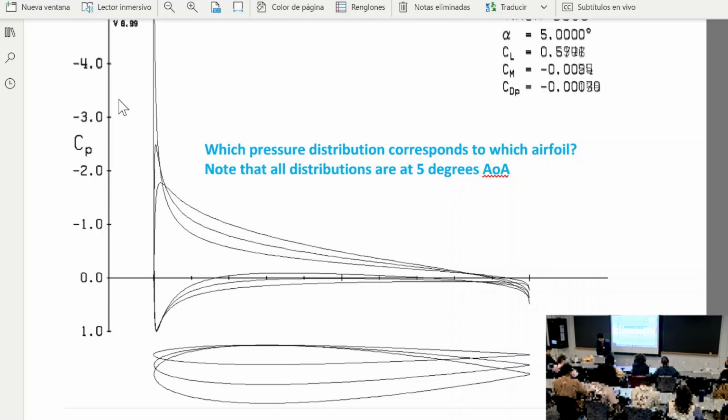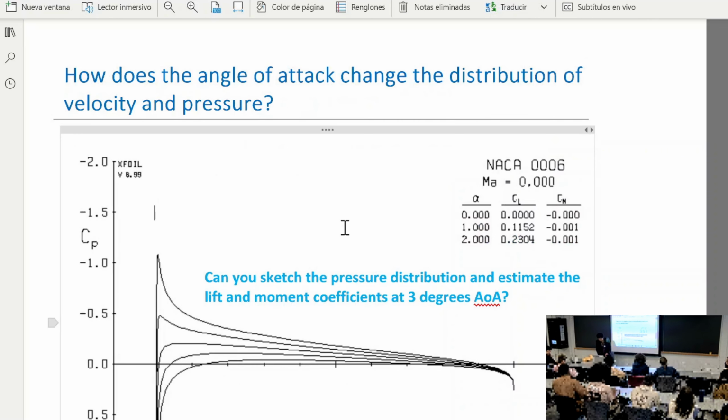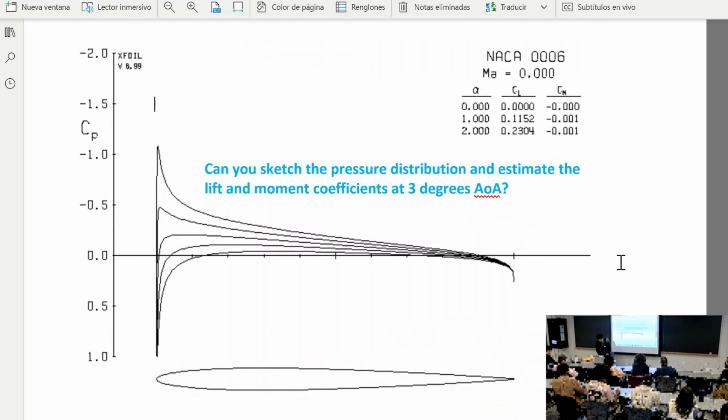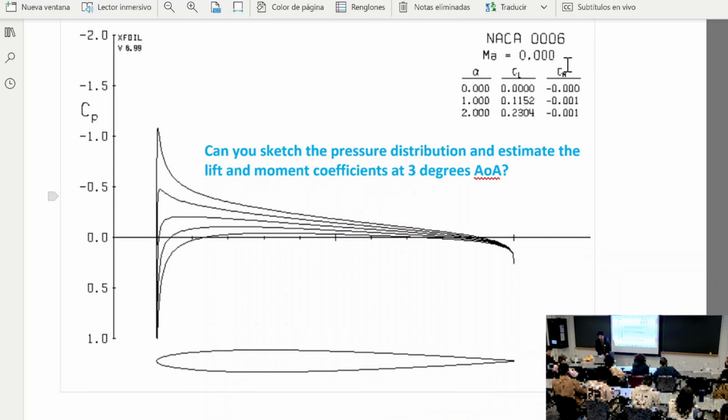That's one example. And another example, okay, how does the angle of attack change the distribution of velocity and pressure? I'm just providing one airfoil, pretty thin, right? And we have calculated three different angles of attack. In XFOIL, if you do ASEQ, like angle of attack sequence, you're going to get a plot like this.